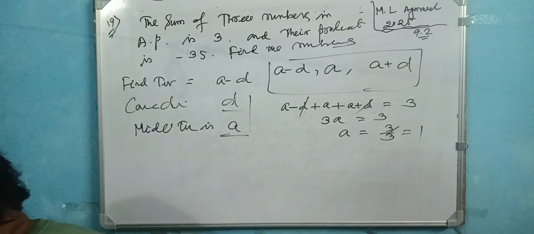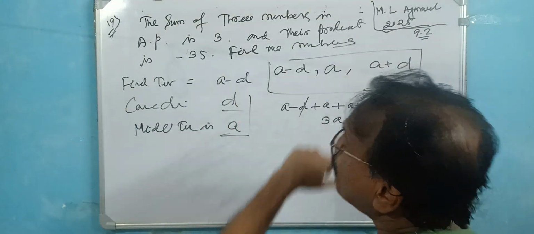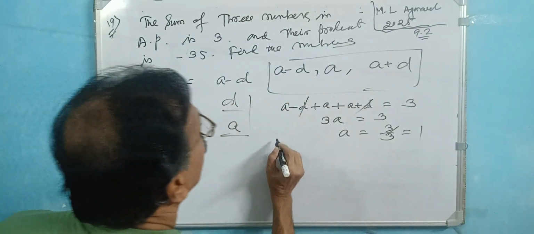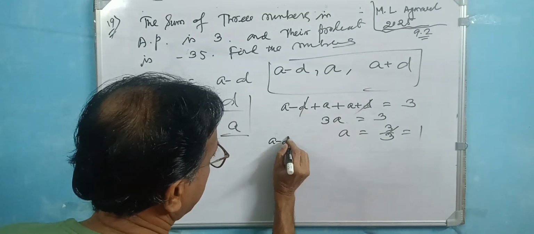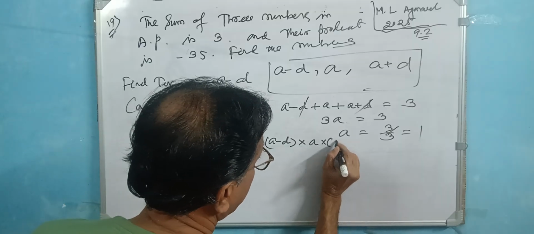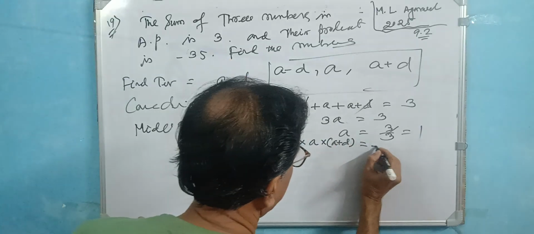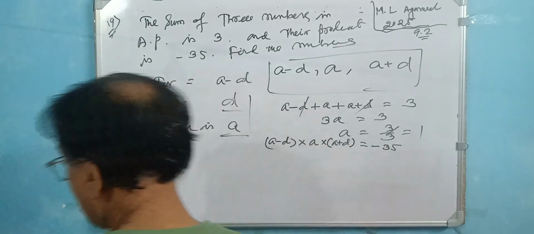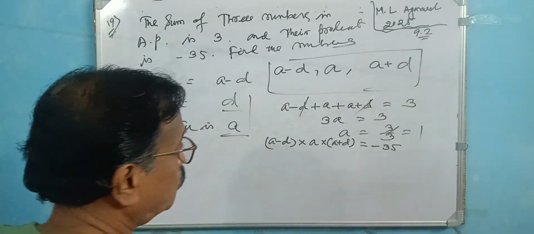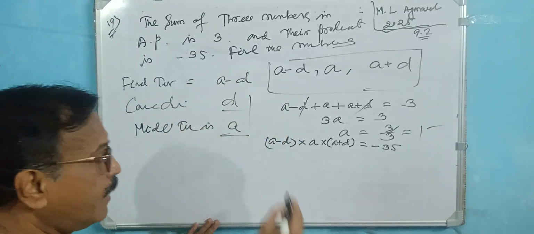Now, their product is given. Their product, very important. That means A minus D into A plus D. The product is minus 35. So you just put the value of A here. What is the value of A? A is 1.